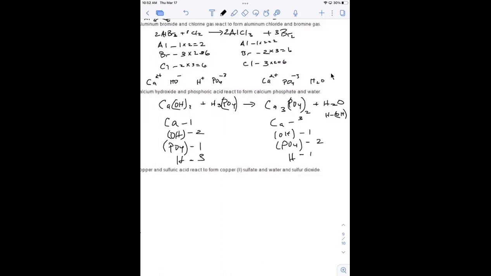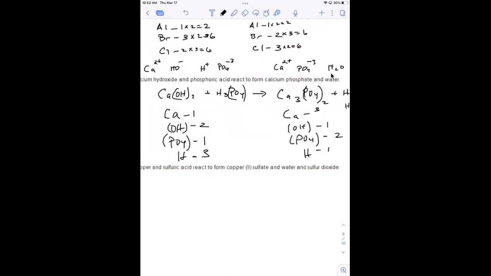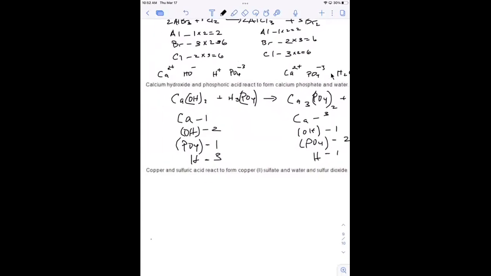All right. So now let's see what we want to balance first. Let's start with the calcium. So if we do, let's do a 3 here. That's going to be this times 3. And that's also going to be this times 3.